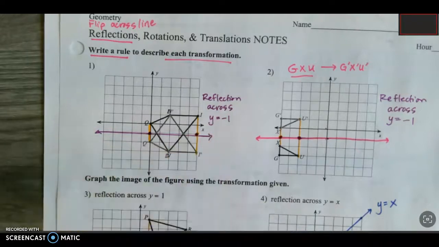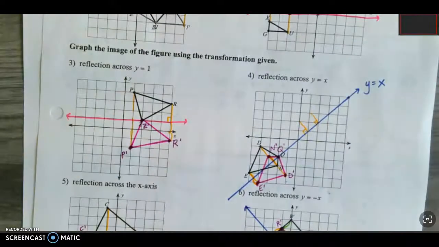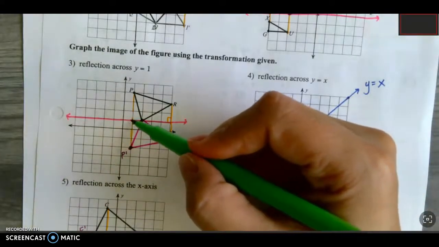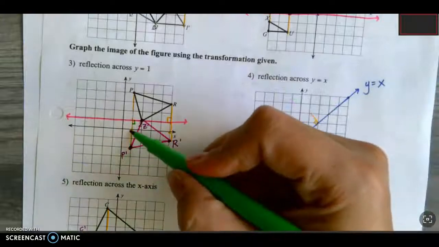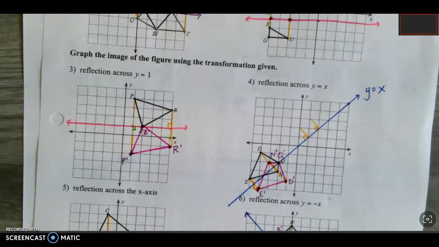So sometimes we have to find the line, sometimes we have to graph the figure after the reflection. Okay, so we have to understand, distance to a line is always perpendicular. And so I always have to count perpendicular to my line of reflection.